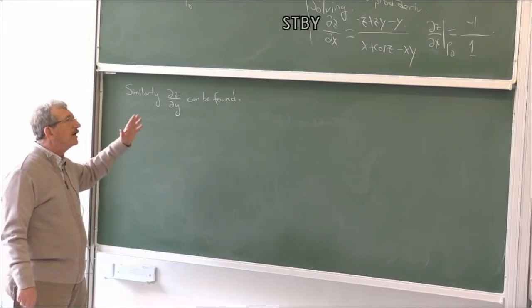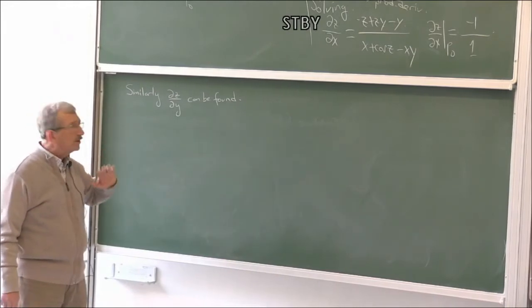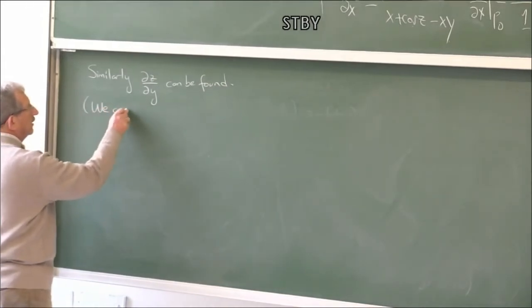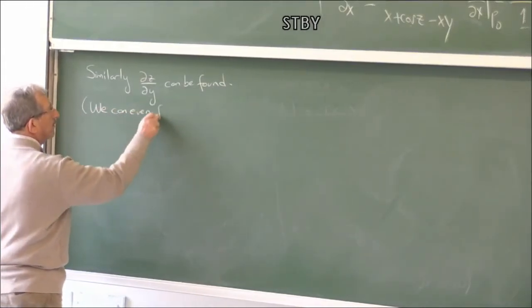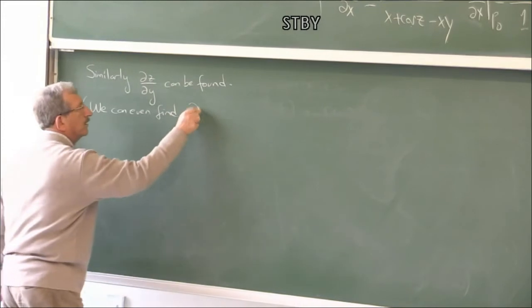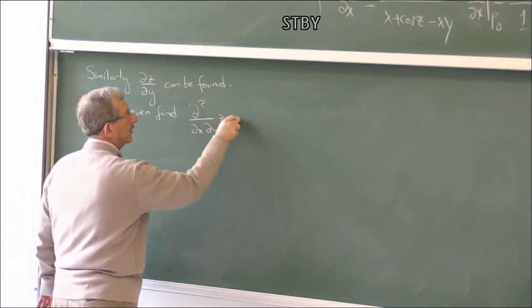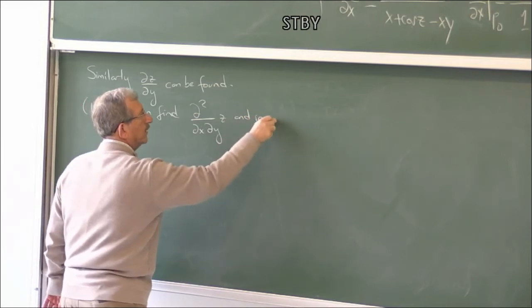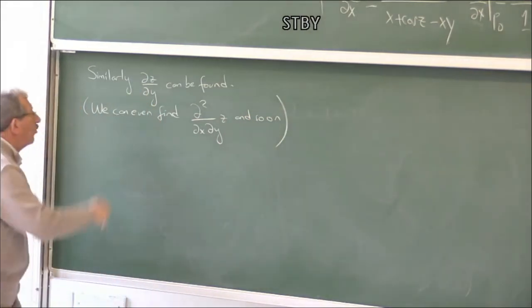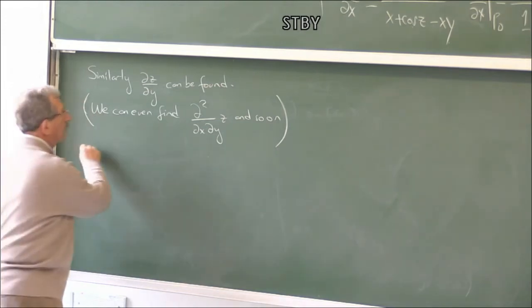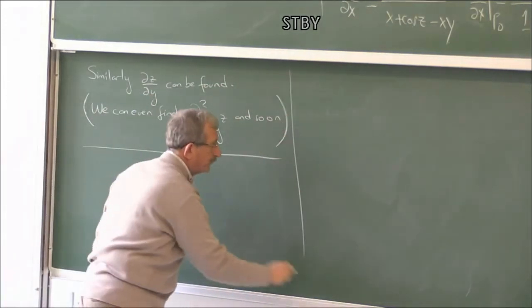We could directly differentiate again if we wanted. Okay, we can even find higher derivatives and so on. But of course, that would be quite tedious. It would be a long calculation. I will not do it here. Okay.